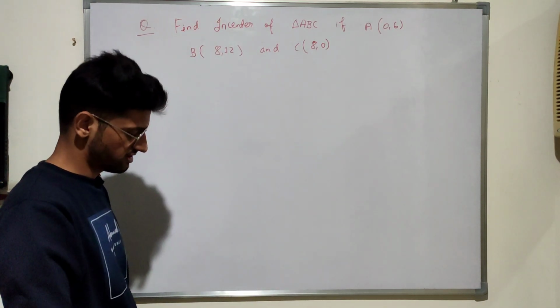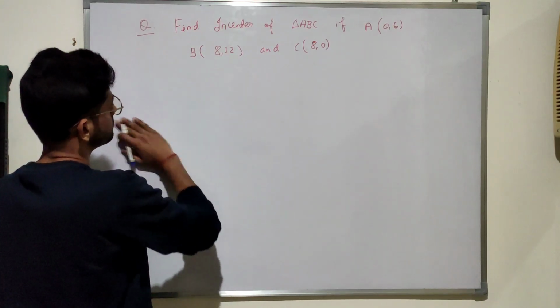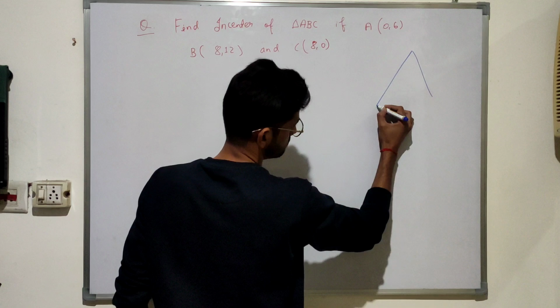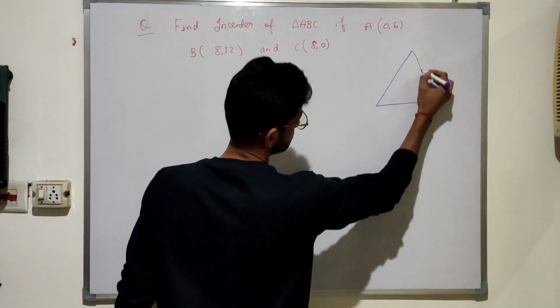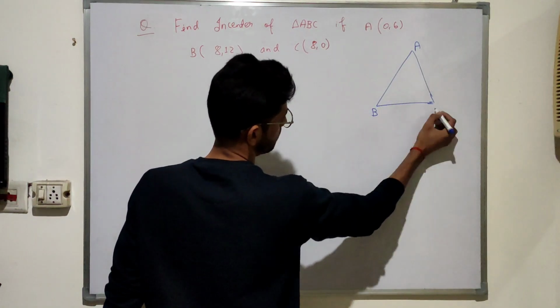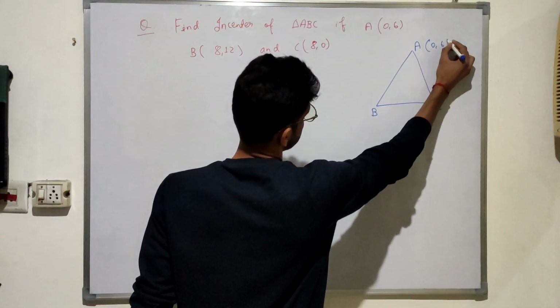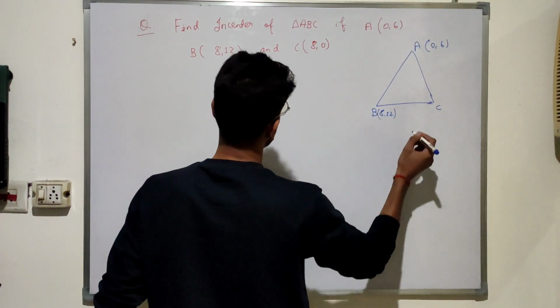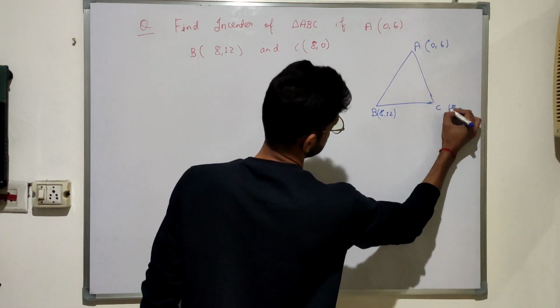So first of all, we will draw and write down whatever we know about this problem. A, B, C are the points. Coordinates are 0 comma 6, 8 comma 12, and the coordinates of C are 8 comma 0.